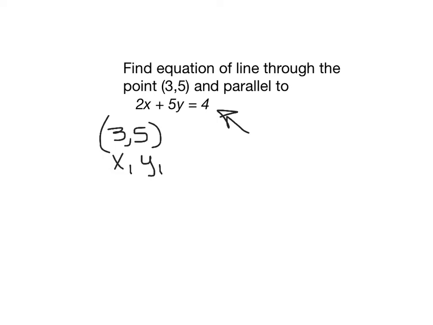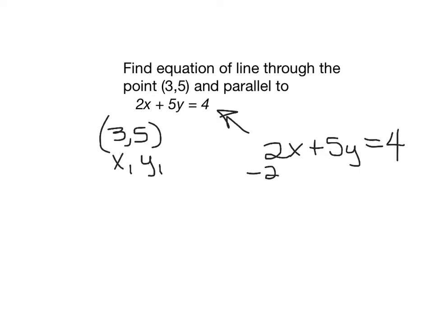At quick glance, I can't tell what the slope is until I rearrange it. And in order to form an equation, I need a slope of a line. So the first thing I'm going to do is rearrange this standard form into slope-intercept form so I can find the slope that I need to use.